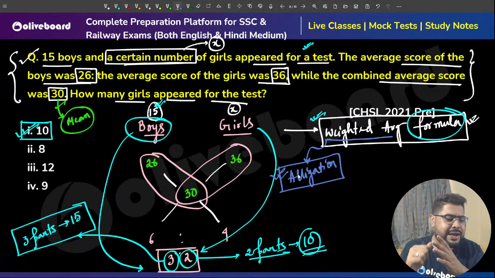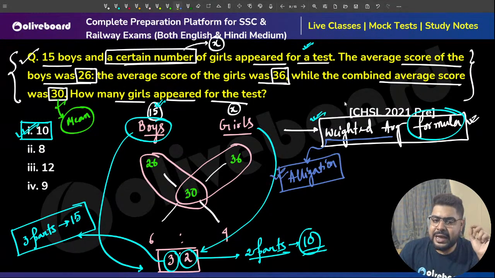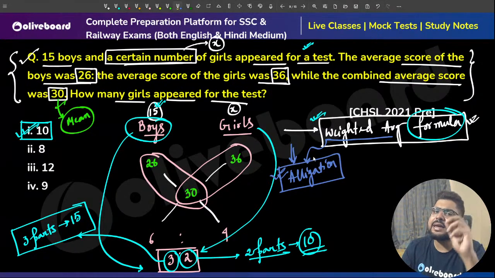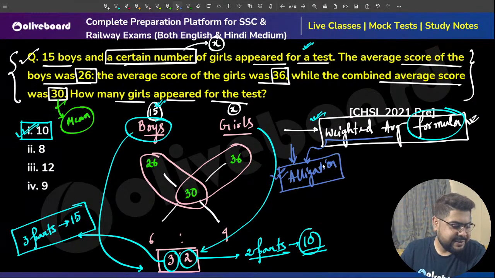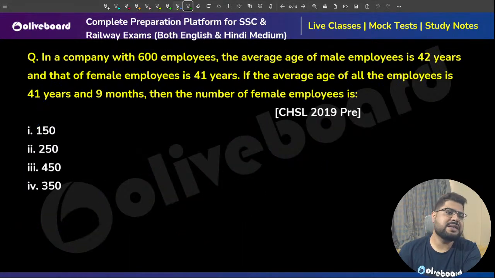If you do the same question using allegation, the calculations are a little bit easier. Any weighted average question, most of them, 95% of them, you can do using allegation. Perfect, everyone.